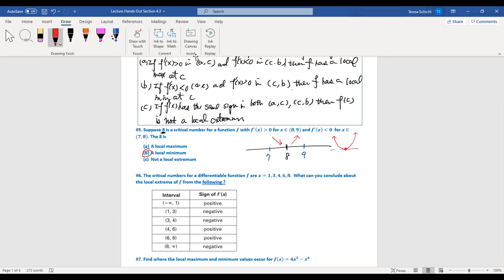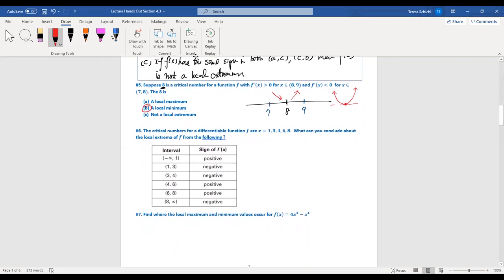Okay, now let's take a look at number 6 here. Number 6 is telling you that the critical numbers for a differentiable function are 1, 3, 4, 6, 8. Wow, we have 5 critical numbers. What can you conclude about the local extrema from these tables here?